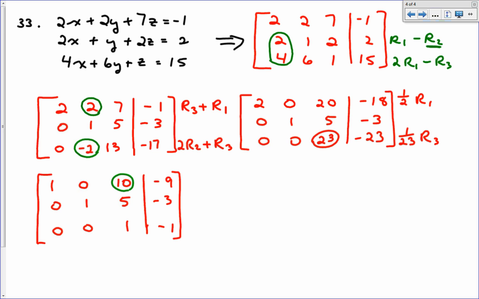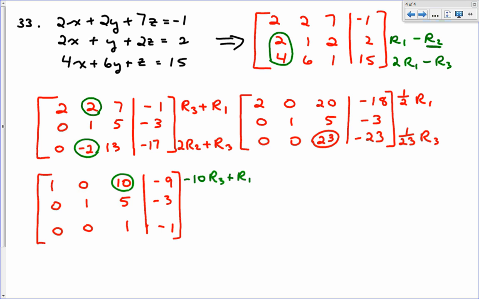So I really want to use row 3 to get it because I've got zeros in the first two columns, so they won't change the 1 and the 0, which are good, which we want to keep. So I want to get a 10 in the third spot. So if I multiply row 3 by -10 and then add that to row 1, I'll end up with a 0 in that position where I want it.